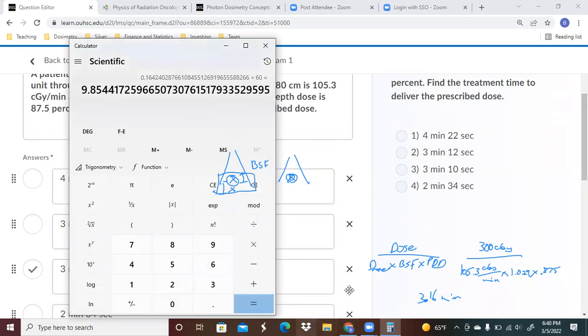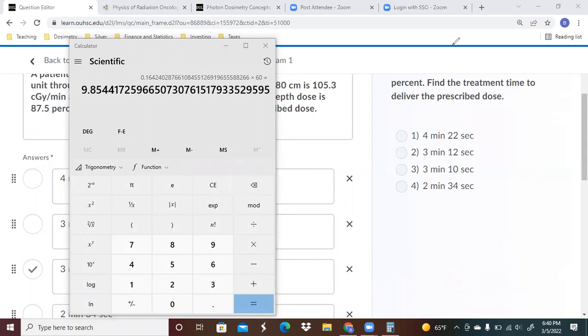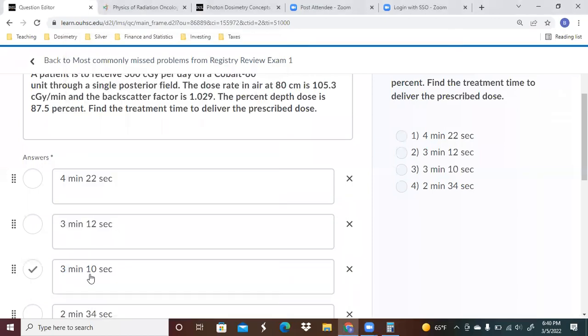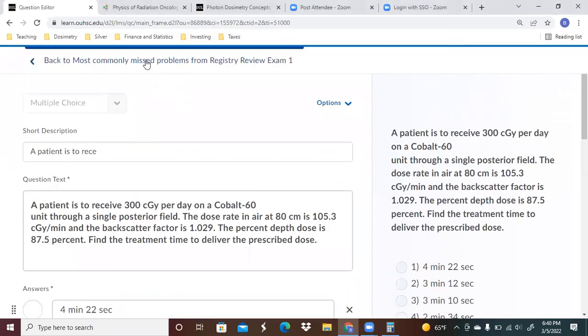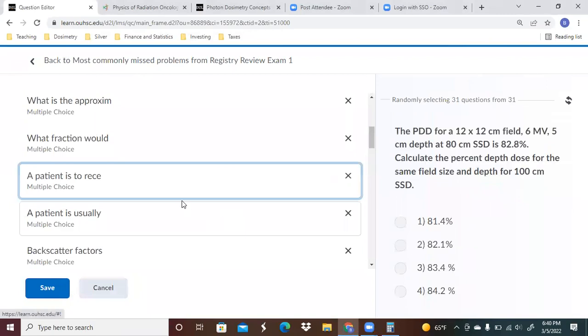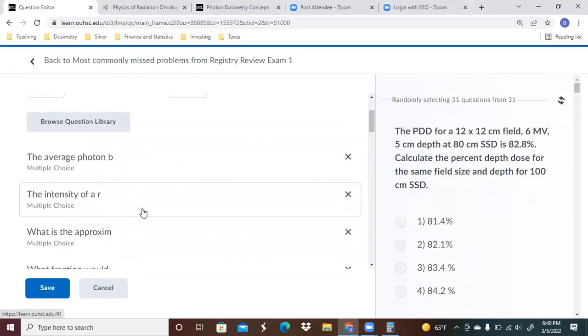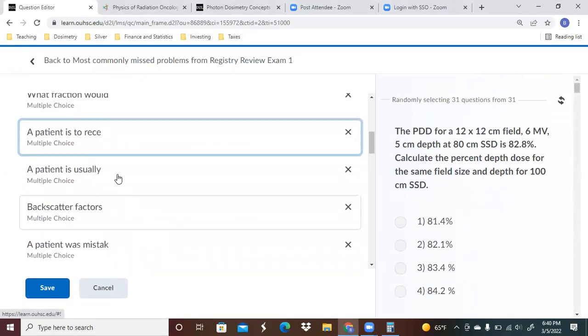So 3 minutes and 9.85 seconds rounds to 10 seconds. So now we can see why this is the answer here. Okay, so that was question 5.